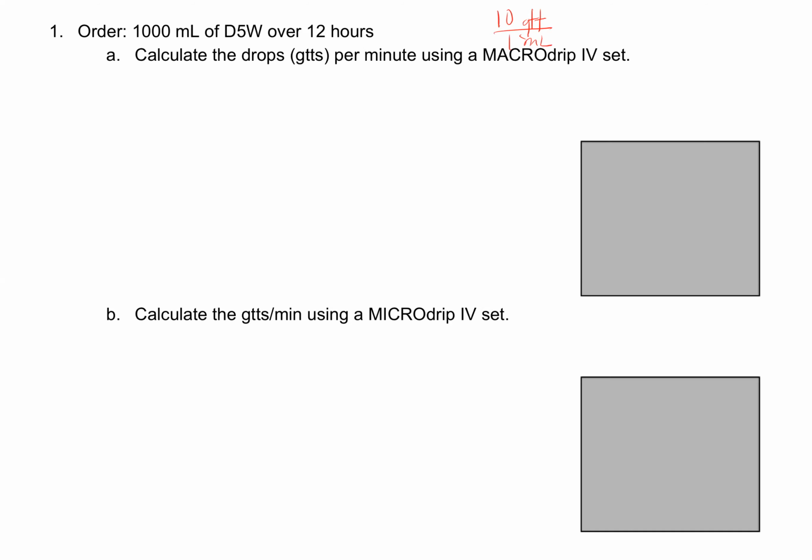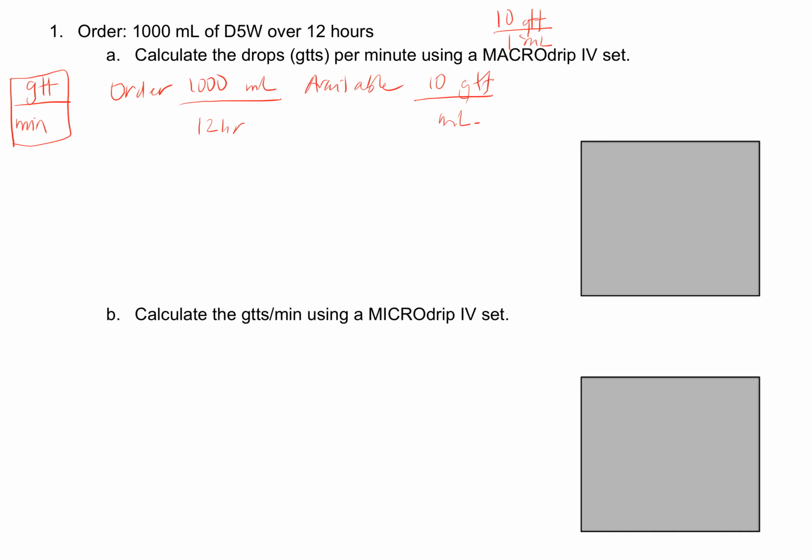So let's go ahead, and we are trying to find the units of drops per minute. Our order is 1,000 mLs over 12 hours, and what we have available is 10 drops per ml. And we also need to know that there are 60 minutes in 1 hour.